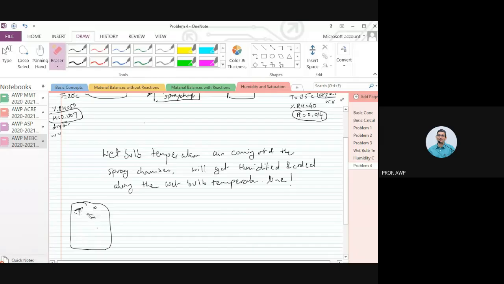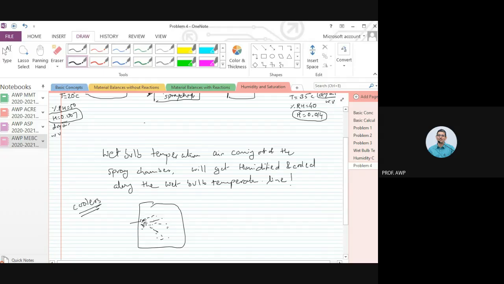Or if you want to cool some room, what do you do? You spray water in that room. All the coolers in the advertisements that you see on your TVs spray water, and then the water evaporates, the air becomes humidified, but the air cools down.